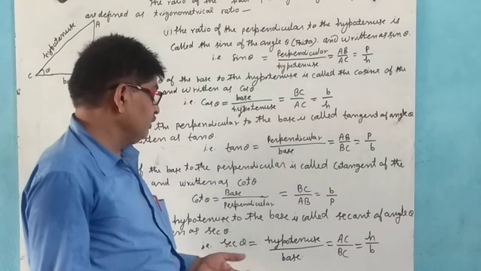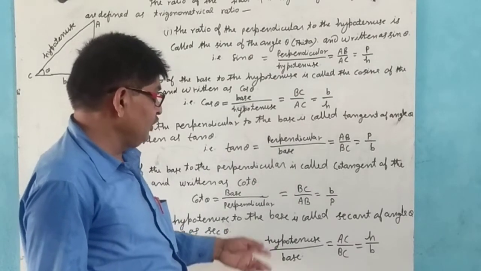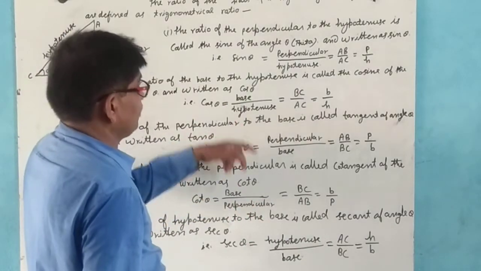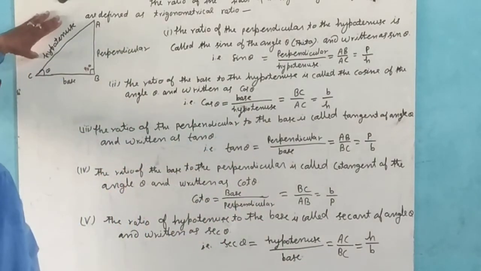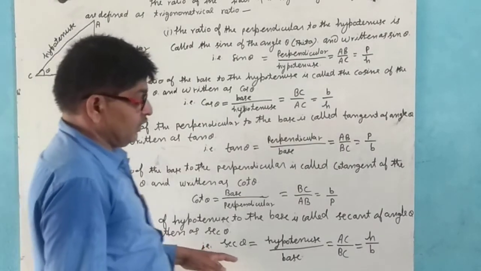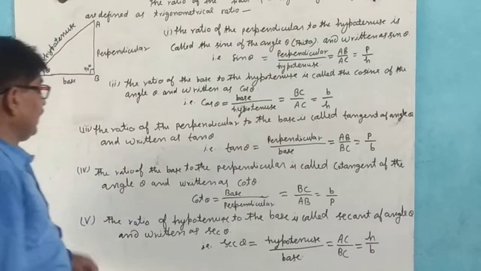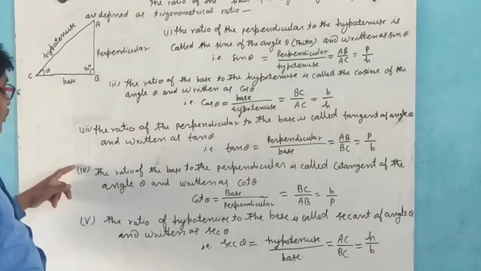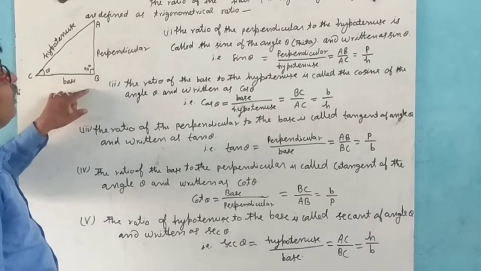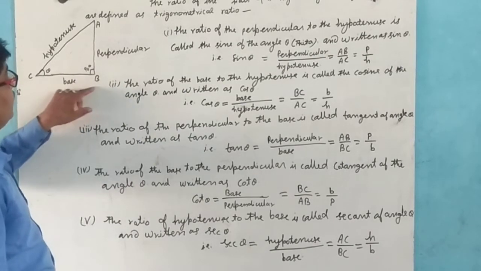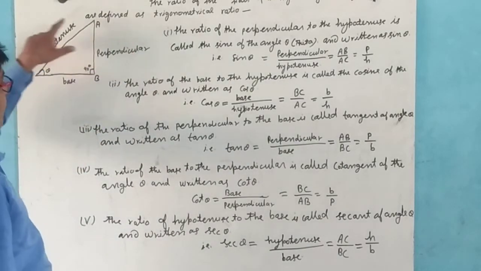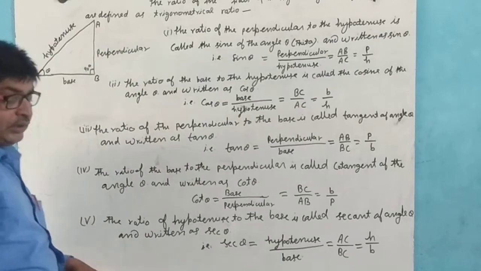Cos theta is base by hypotenuse, but here this is hypotenuse by base, AC by BC, that is known as sec theta. It means that tan is reciprocal of cot, cos is reciprocal of sec, and similarly sin is reciprocal of cosec.